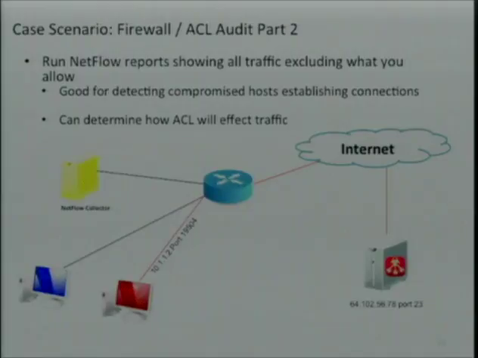So you're going to want to run a NetFlow report showing all traffic, and you're going to want to exclude the traffic that you allow. In this example, you can see the ACL is letting a host talk over port 19504. This is good for detecting compromised hosts establishing connections. It also helps you to determine how an ACL will affect traffic.